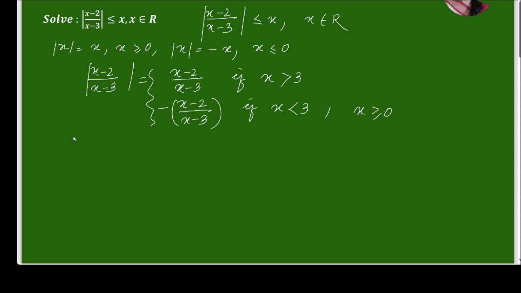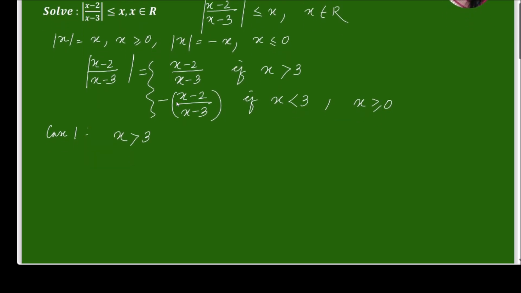So now coming to case 1. Case 1 means when x is greater than 3. So when x is greater than 3, I am taking this modulus as positive. How to write it?